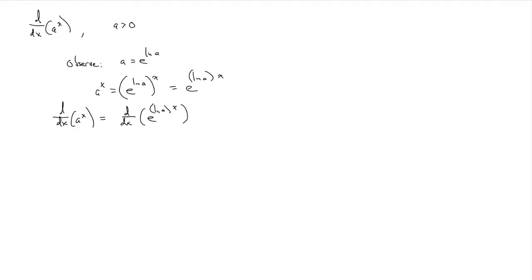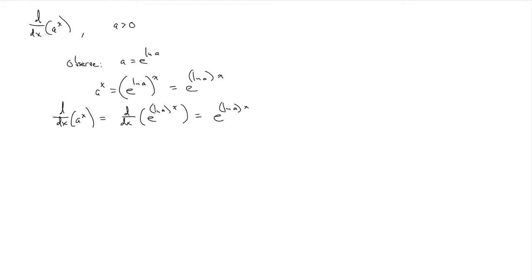And this is just a chain rule problem. We know the derivative of e to the x, it's just e to the x. Here we have e to some function. So to take the derivative of e to that function, we treat the function like it was a variable and get e to that function.